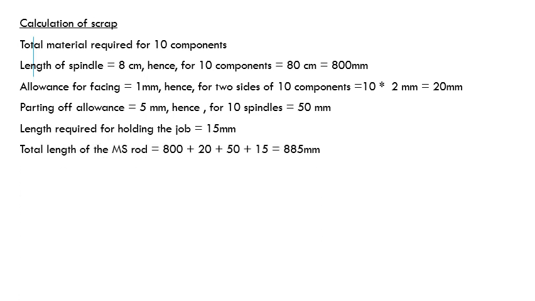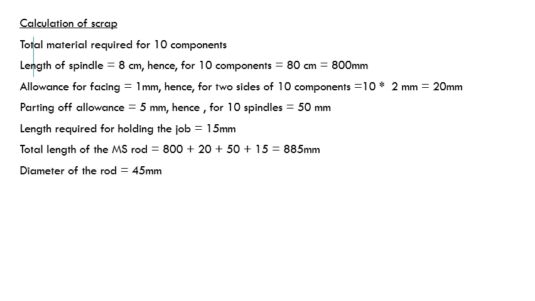So what is the total allowance? Total allowance is equal to 20 plus 50 plus 15, and hence the total length of the MS rod should be 800 plus 20 mm towards the facing allowance, 50 mm towards the parting allowances, and 15 towards the length required for holding the job in the chuck. So in total it is 885 millimeters or 88.5 centimeter.